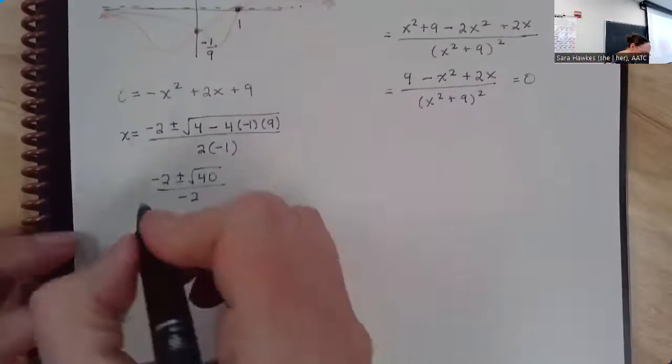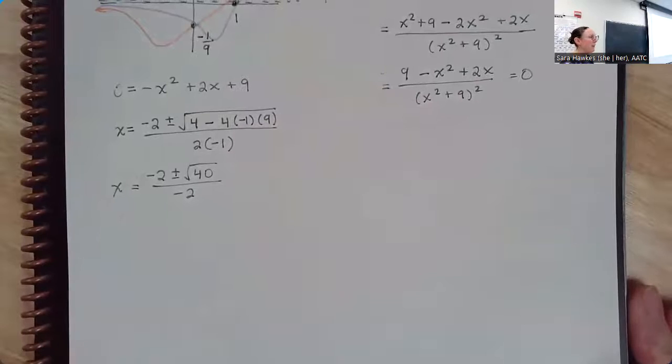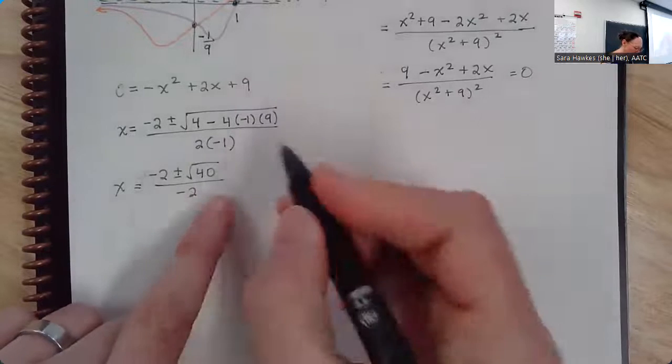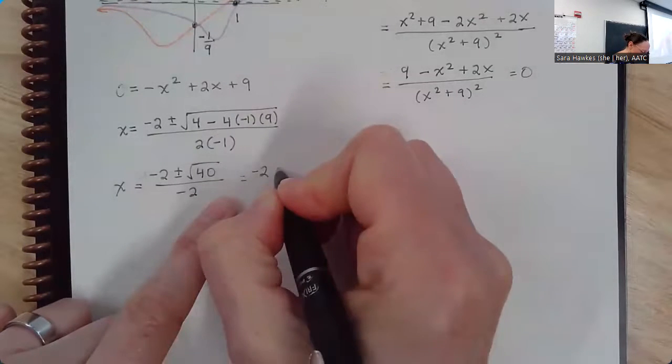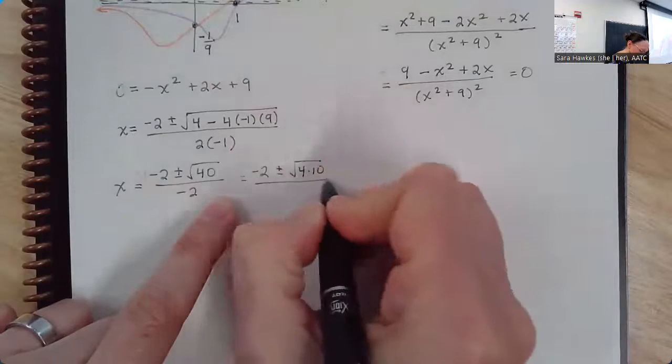Now, if this were a WeBWorK homework, I would not bother to simplify that. But I have to do something with that on a graph, so I'm going to need to make that a little nicer for myself. When I look at the square root of 40, I know that that's 4 times 10.